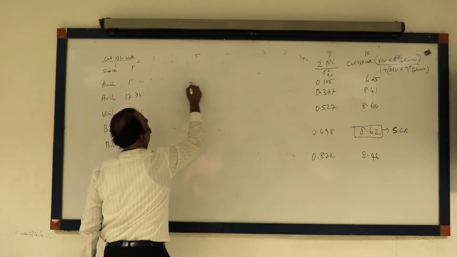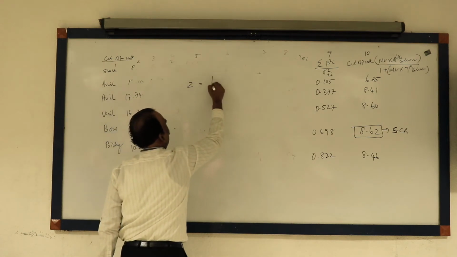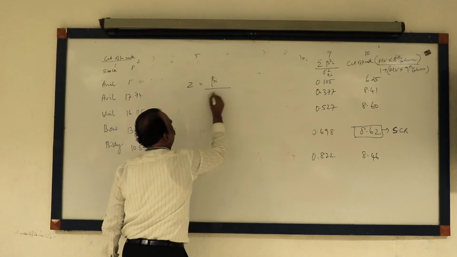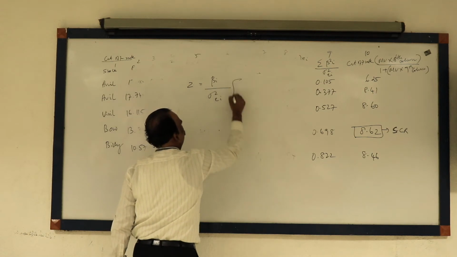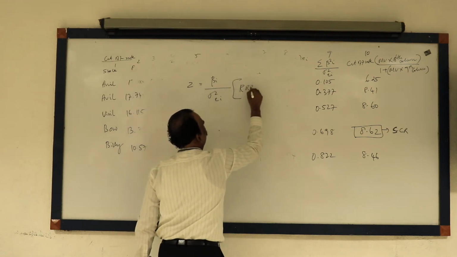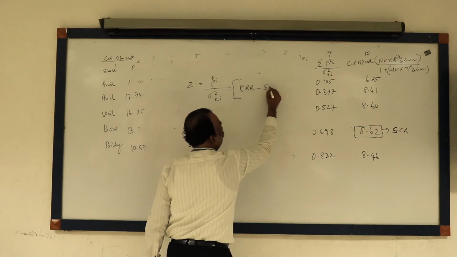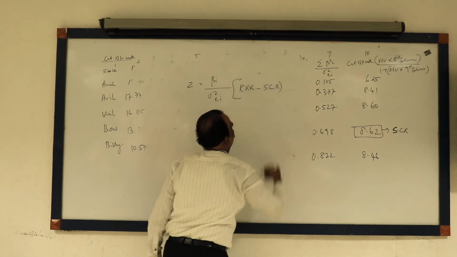Z is equal to beta i divided by standard deviation square e_i into the risk reward ratio minus the single cutoff rate.